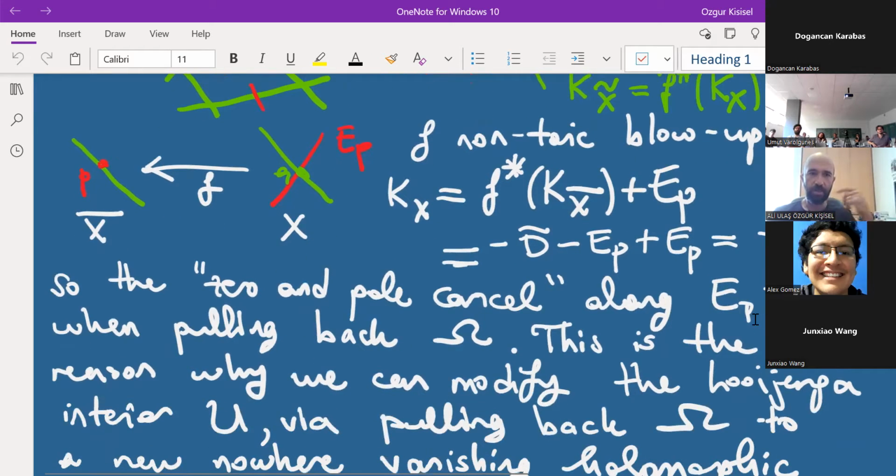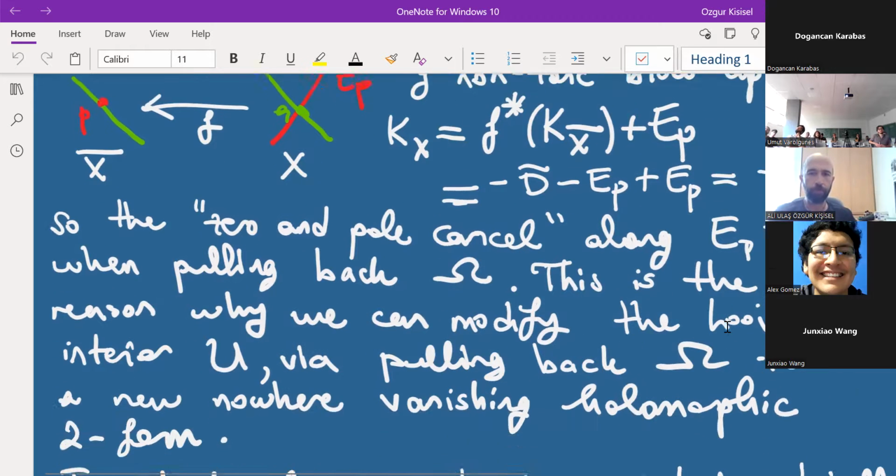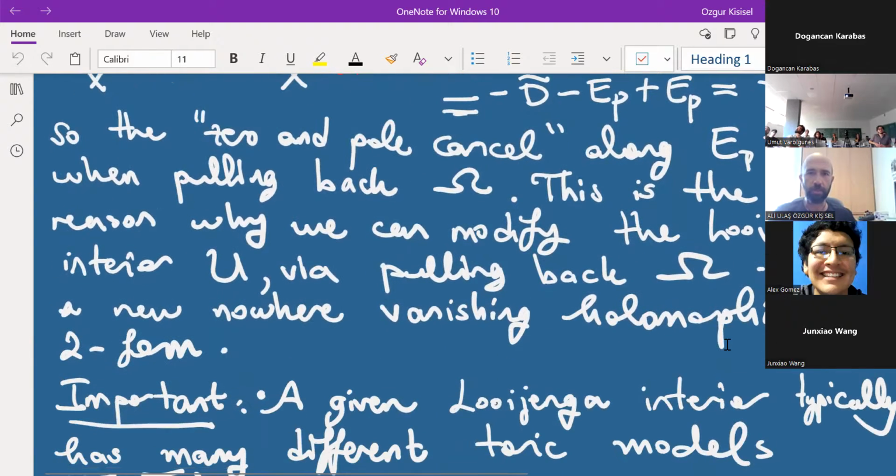In a sense, the zero and pole of omega cancel along EP. I mean, this pullback tries to produce a zero along that exceptional component, but at P, omega already has a simple pole, so these two effects cancel. I guess this is the main reason why we can modify these log Calabi-Yau interiors by this process.